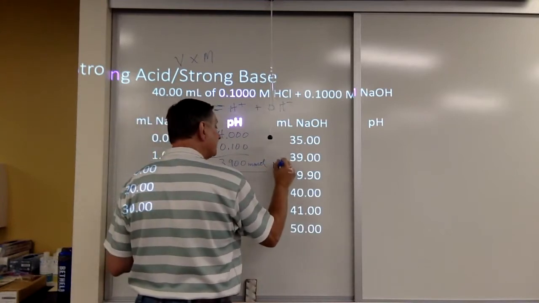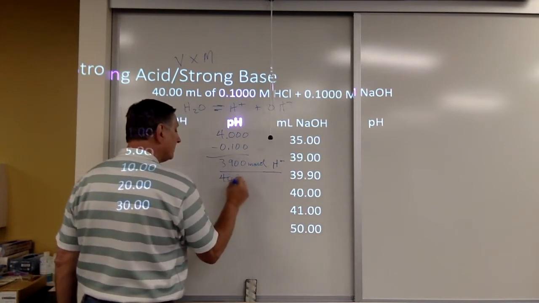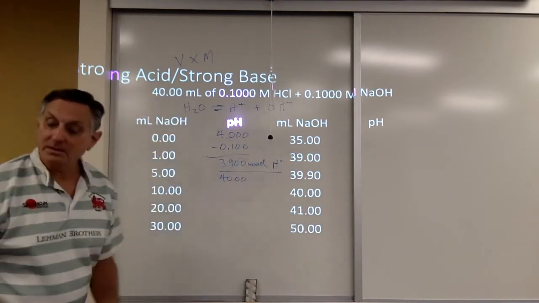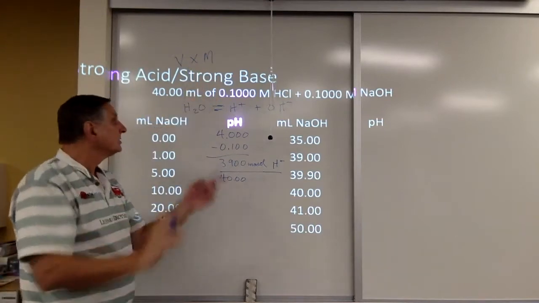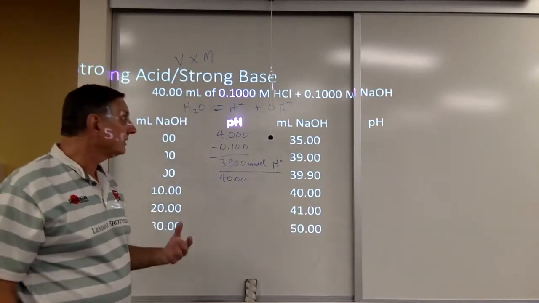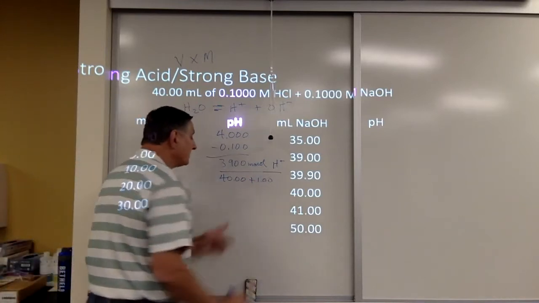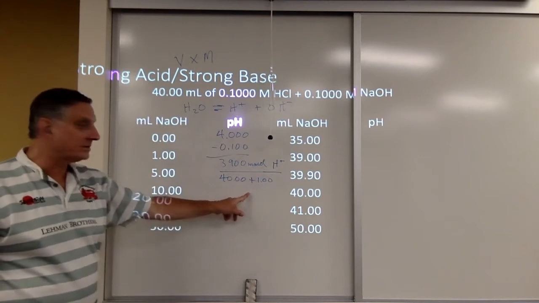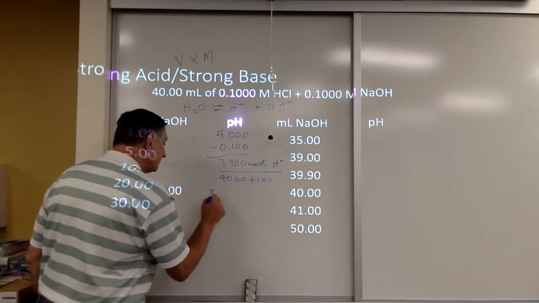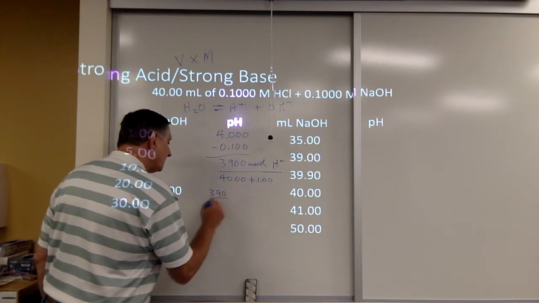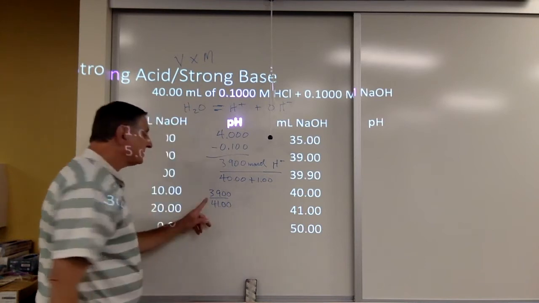Millimoles of H plus all over the total volume of the solution, because I've added 1 milliliter of NaOH to 40 mils of hydrochloric acid. So I have 41 milliliters in my denominator, 3.900 over 41.0. This is my new molarity.